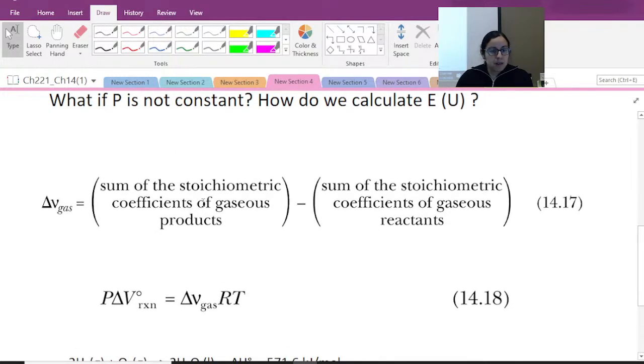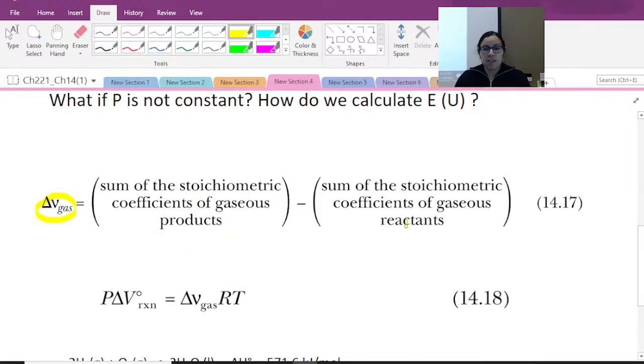And so how we would do it is, we have to figure out our change in volume of gas. So we take the sum of the stoichiometric coefficients of gaseous products, so anything that has a G, add up all those coefficients.